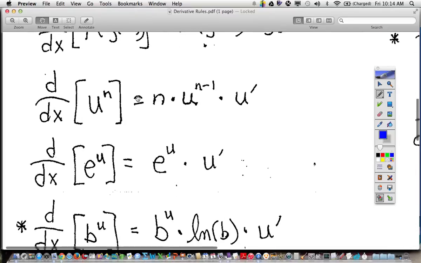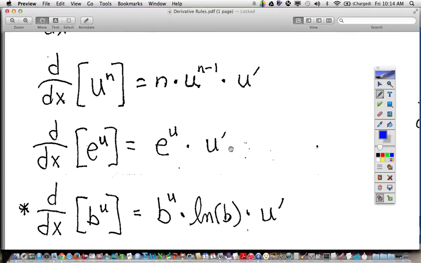Well, that's what the u's are in all this. I get a sense from some people I've talked to that they think this is a whole bunch of new rules with this u prime. The u prime here is just what? What does it represent in all these? The derivative of the inside. That's all that is.